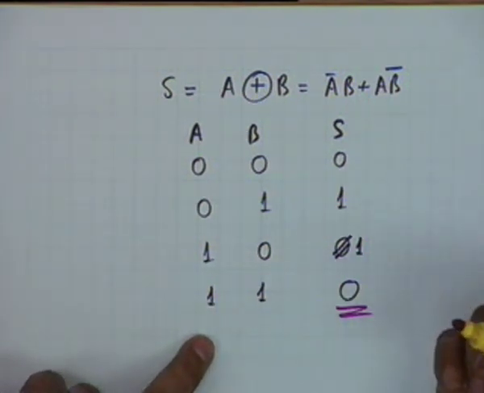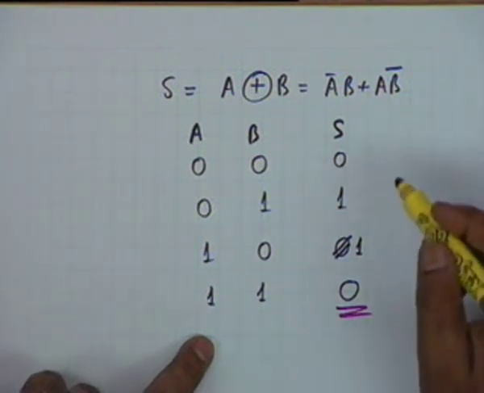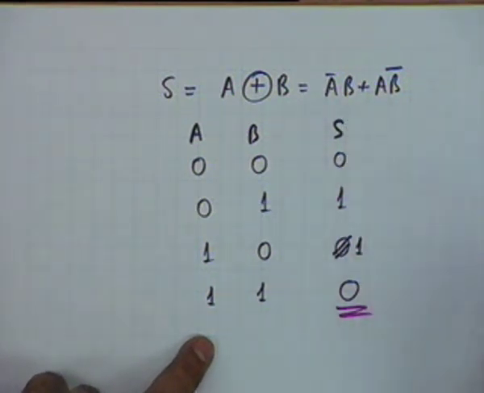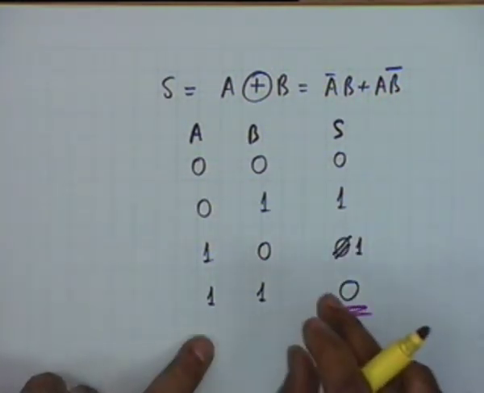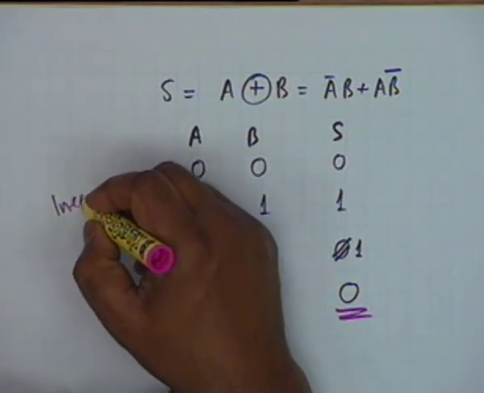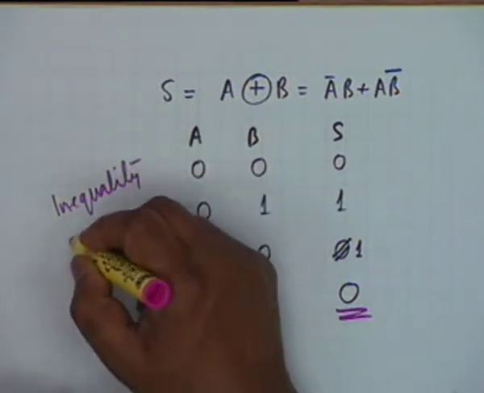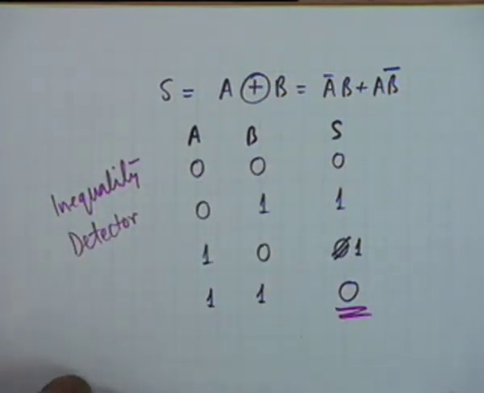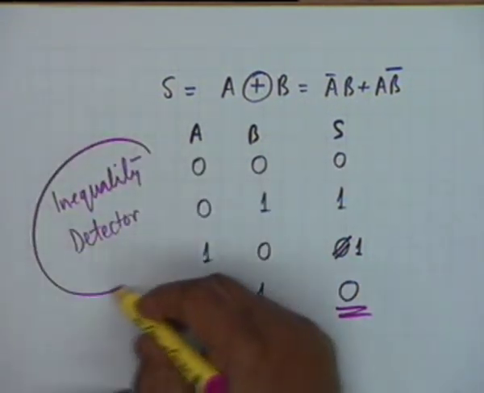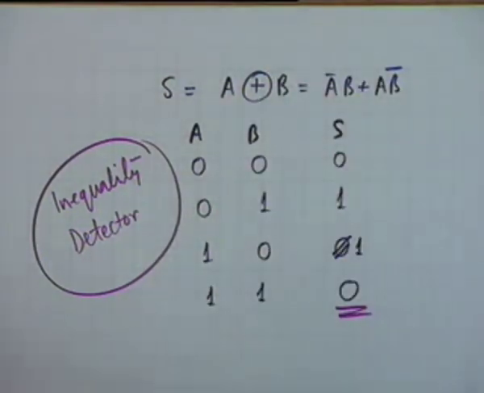You can also see, follow this carefully, that the output of this exclusive OR gate is 1 only when the two inputs are dissimilar, and therefore an exclusive OR is also called an inequality detector. That is, when the two inputs are unequal, then the output shall be 1. Exclusive OR has many applications. The simple gate has many applications.